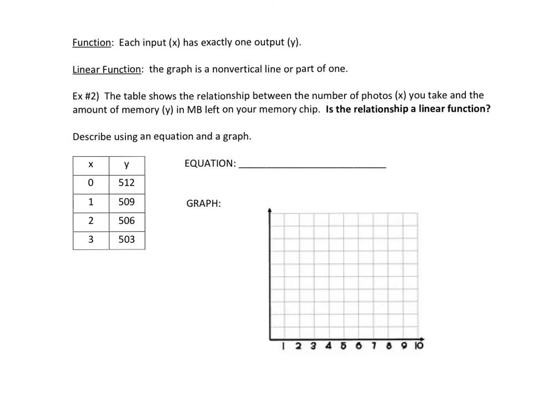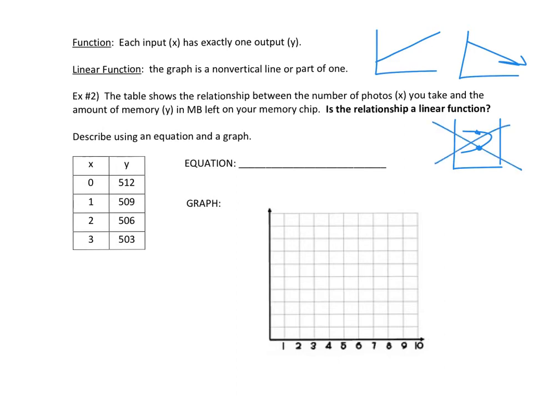If you get two different numbers for y, it's not a function, okay? A linear function means the graph is a non-vertical line or a part of one. So a function is going to look, when you graph it, something like this, or maybe it looks like this, but can't be a vertical line, okay? And it can't do something like this, because you'll have two y values for one x value. Okay, so this is not a function.